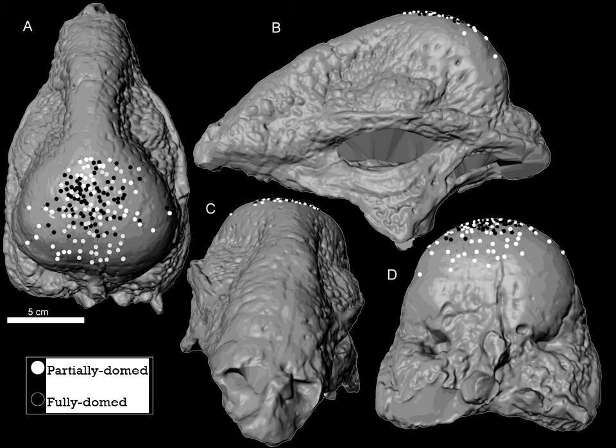So some have different dome shapes than others. And what we found is that our fully domed ones are much more clustered towards the center. You notice the black dots are more towards the center, and the white dots are spread out a little bit more. What we interpreted from that is, for the black dot ones, the fully domed ones, they're getting injuries right at the top of their skulls, and the partially domed ones are getting them more towards the back of the skull.